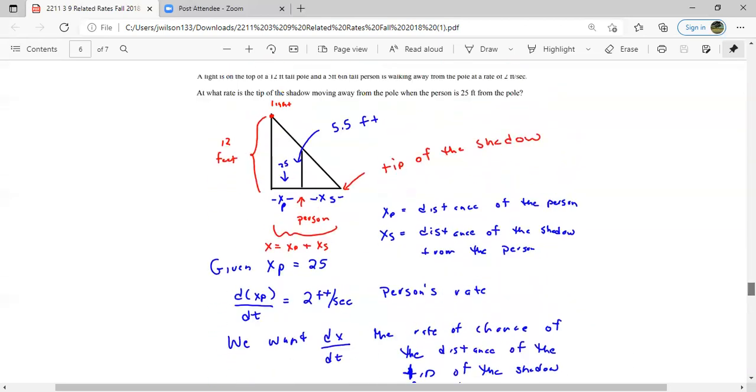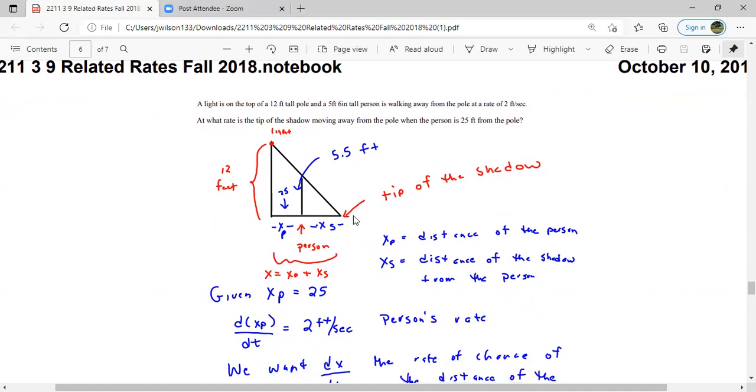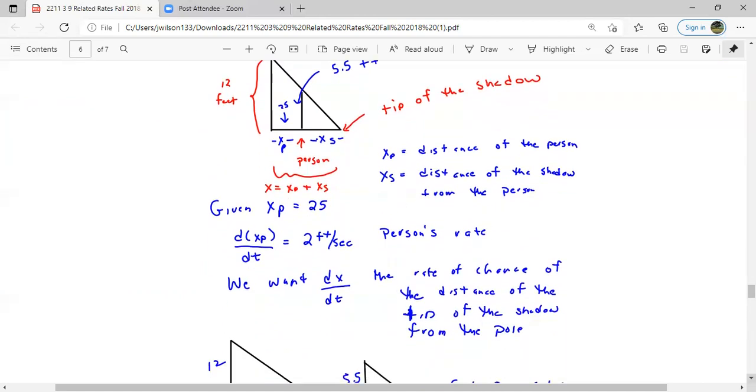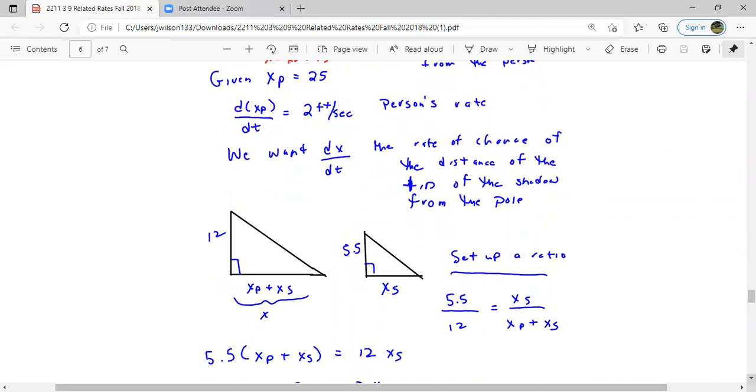And then the smaller similar triangle is this little triangle in here, and its height is 5.5 feet. And then this leg right here is just XS. So we can set up a ratio: 5.5 over 12, because those are corresponding sides, equals XS over XP plus XS.